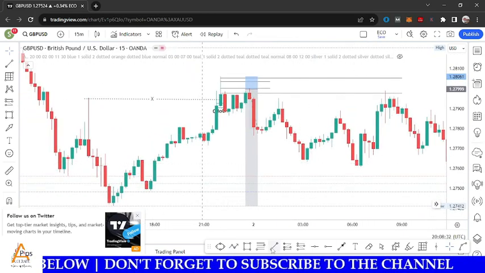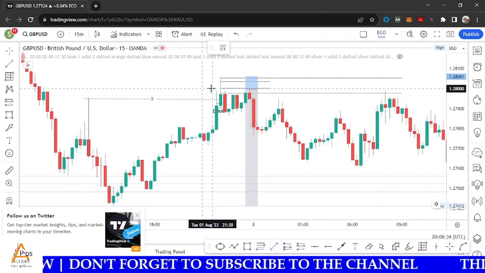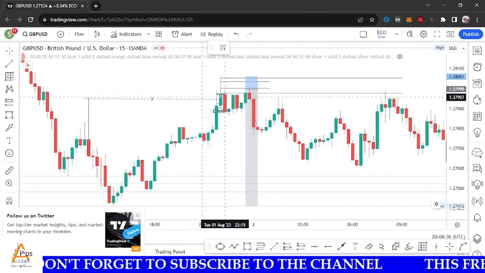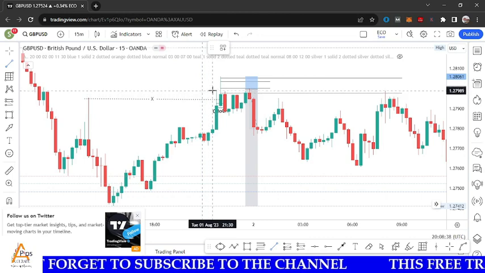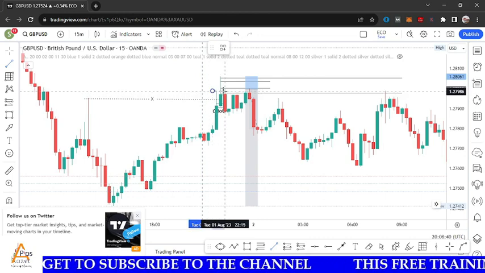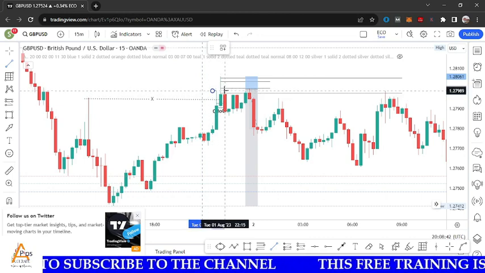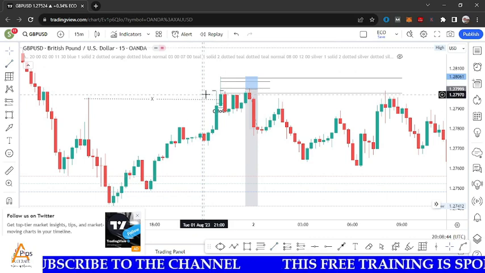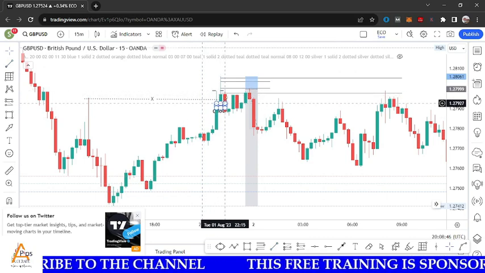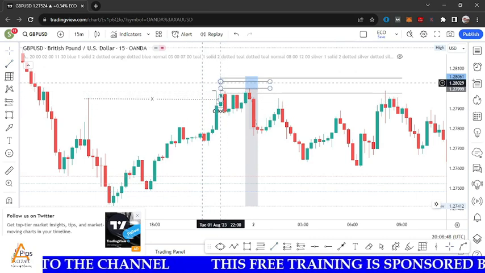Let me show you. The reason why it is valid is this. This one swept this, closed below, and then this one you are talking about swept this again and also closed below it. That is what made this still valid.